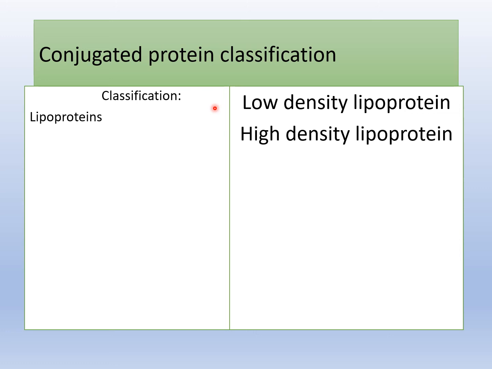So if you have a high content of bad cholesterol in your body, which means you have a high amount of low density lipoprotein, that means you will also have a high probability of increased deposition of cholesterol in your arteries.